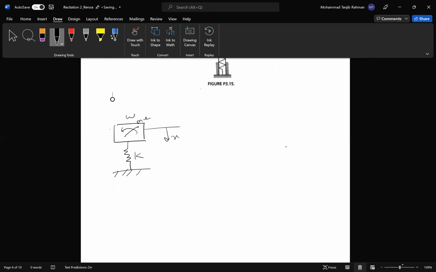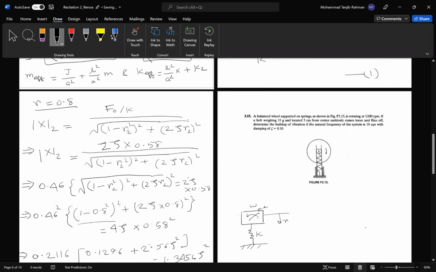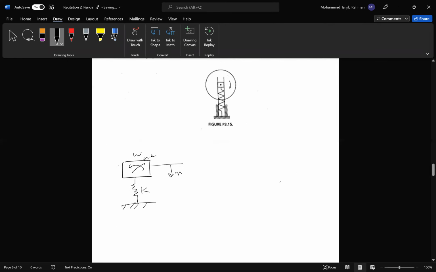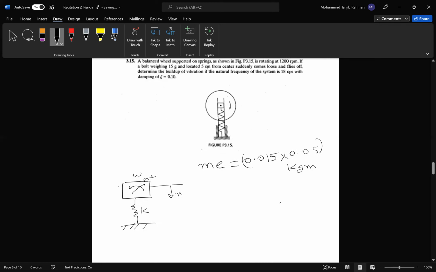So you can write ME. M is 15 grams, so I'm just converting into kg, 0.015, and E is 5 centimeter, so 0.05, and the unit would be kg meter.